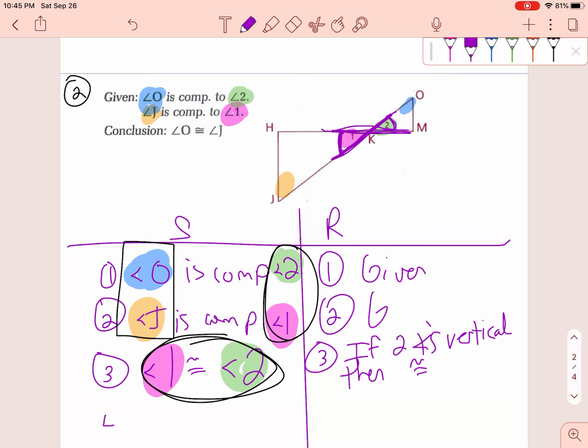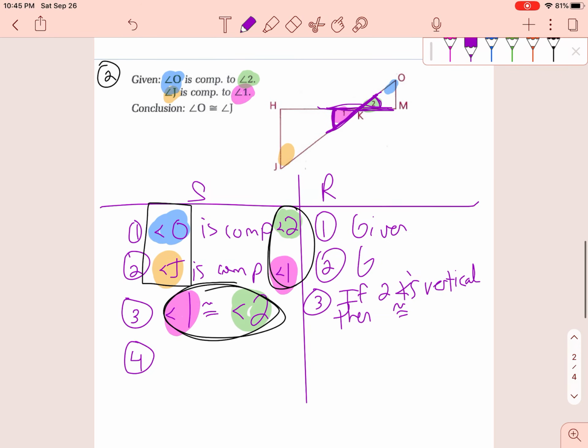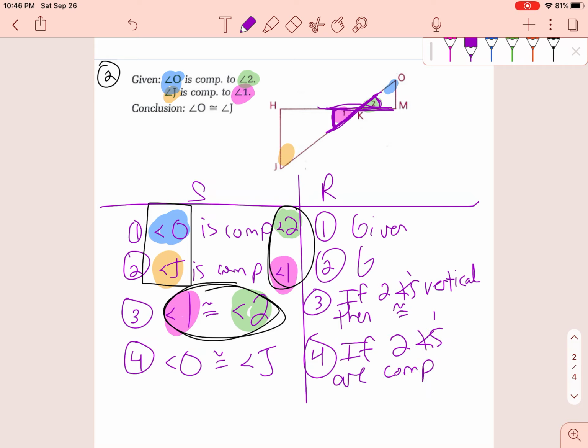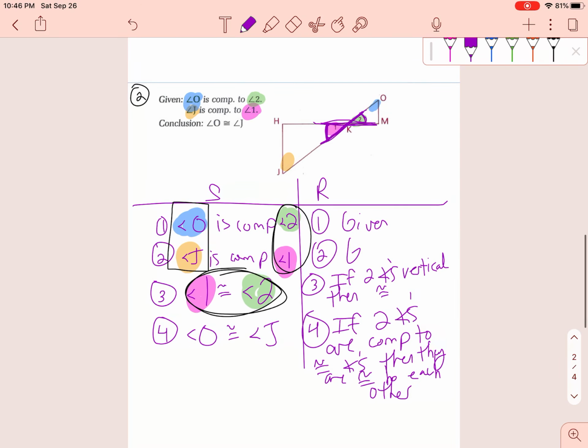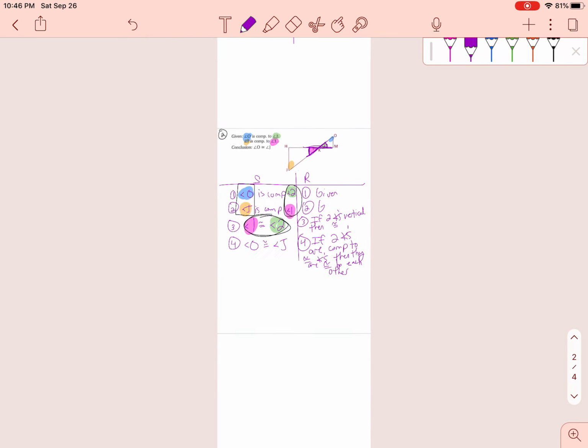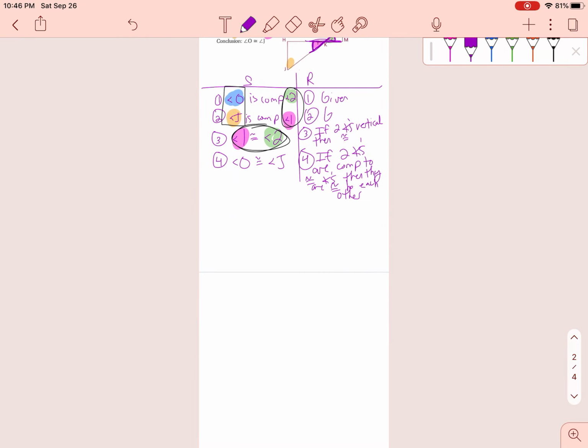So that's what I'm going to jump to in step 4, and lucky for me, that's what I'm trying to prove. So angle O is congruent to angle J. My reason would be if two angles are complementary to congruent angles, then they are congruent to each other.